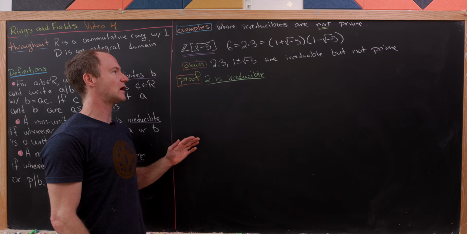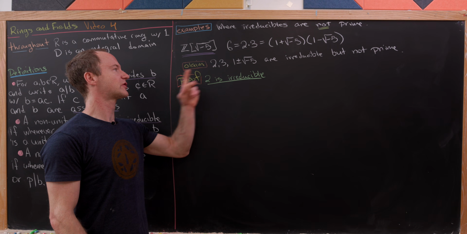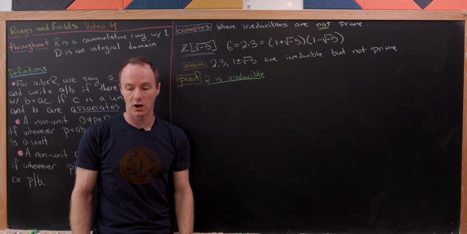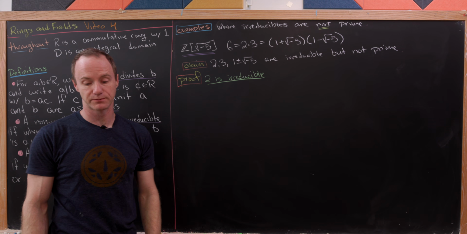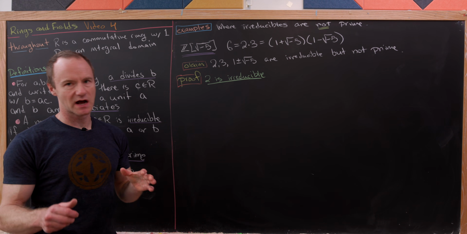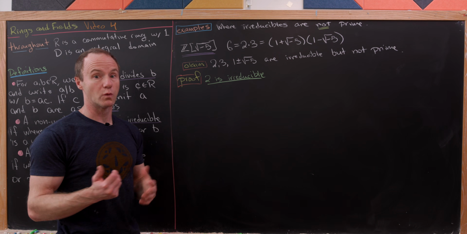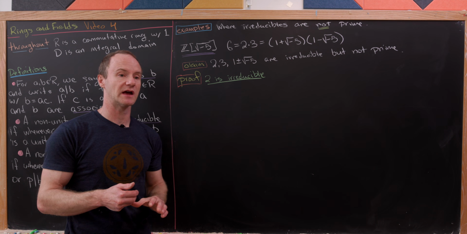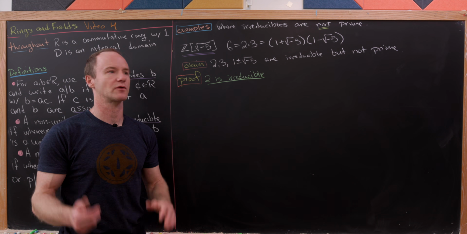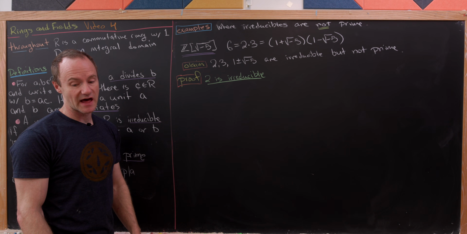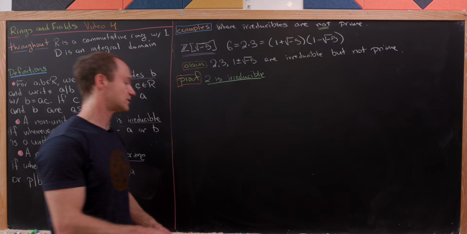Now I'd like to make the following claim, and that is that 2, 3, and 1 plus or minus the square root of -5 are all irreducible, but they're not prime. Now perhaps we're not going to show all of these individually. We'll just show maybe one or 2 of them carefully, and then you can fill in the details for the rest of them. So let's start by proving that 2 is irreducible.